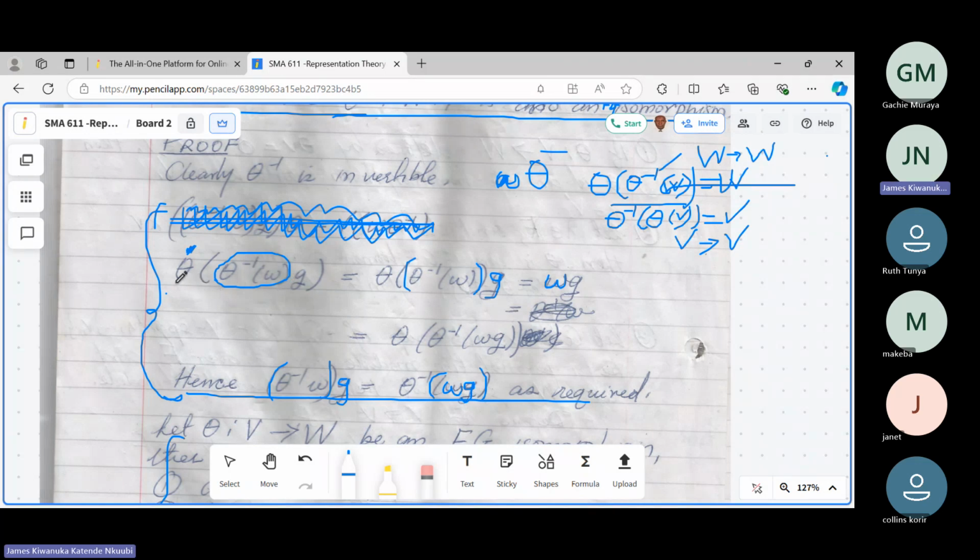And using the fact that theta is an FG homomorphism, you can isolate this as a vector in V, because theta inverse sends elements from W back to V. And since theta is invertible, theta and theta inverse will give you the identity. So it leaves you with just WG here.